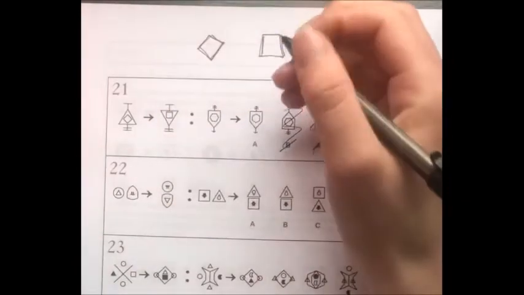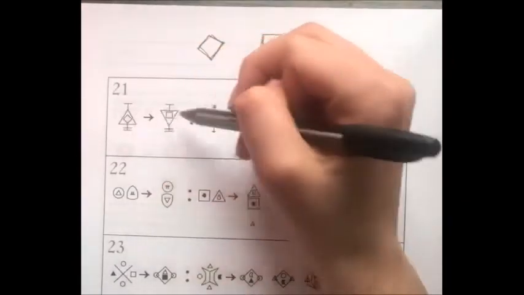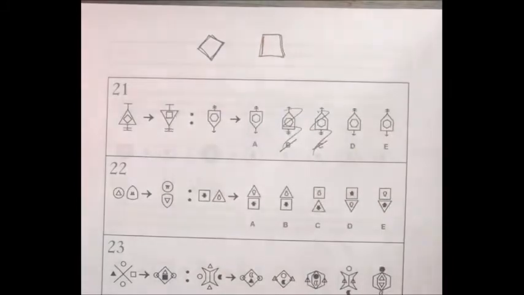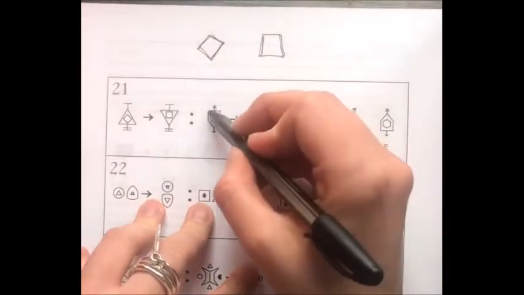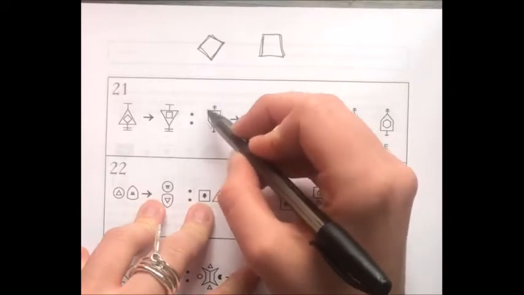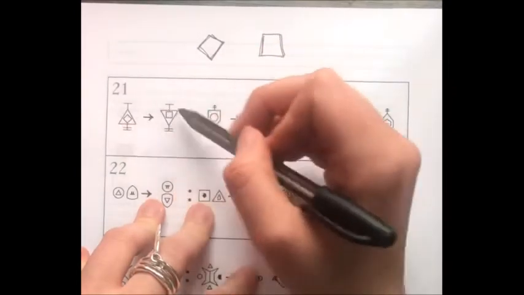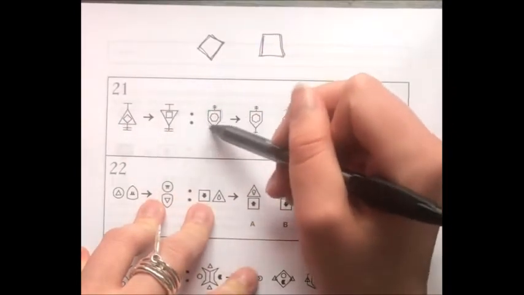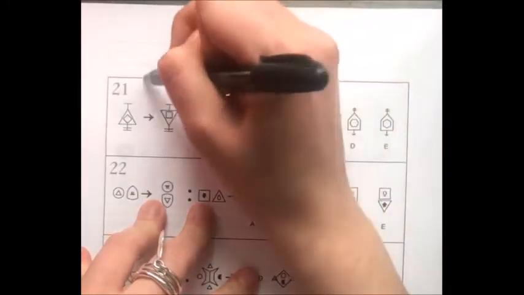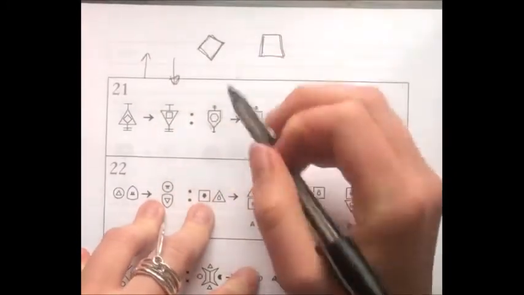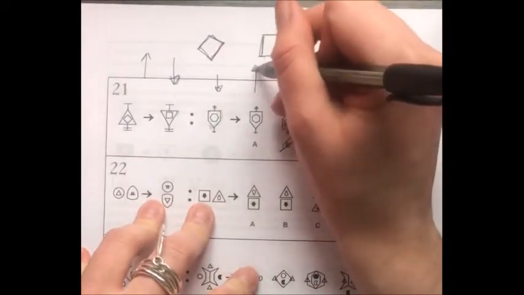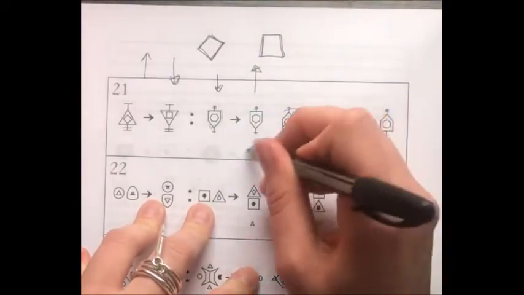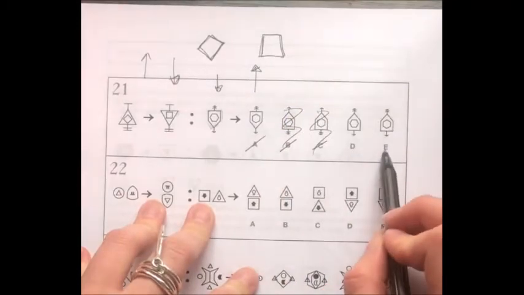So it's not slanted now, and the triangle has also changed the way it's facing. So we'd expect this outer shape to change from facing upwards to facing downwards. Now if the start is facing down, we'd expect the next one to be facing up. Therefore we can get rid of A and we're left with D and E.